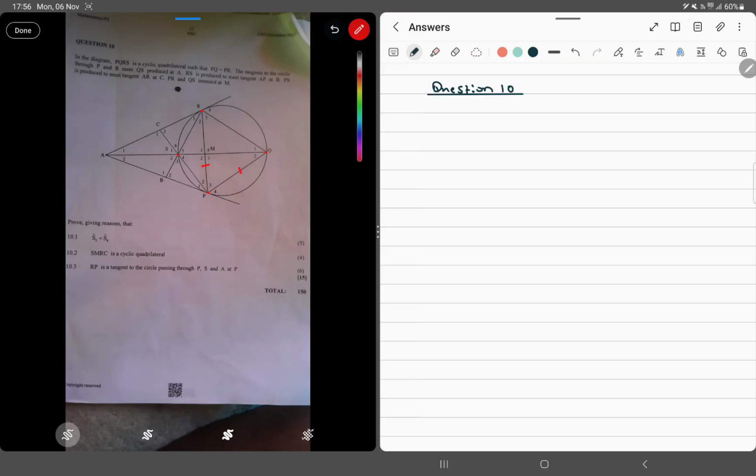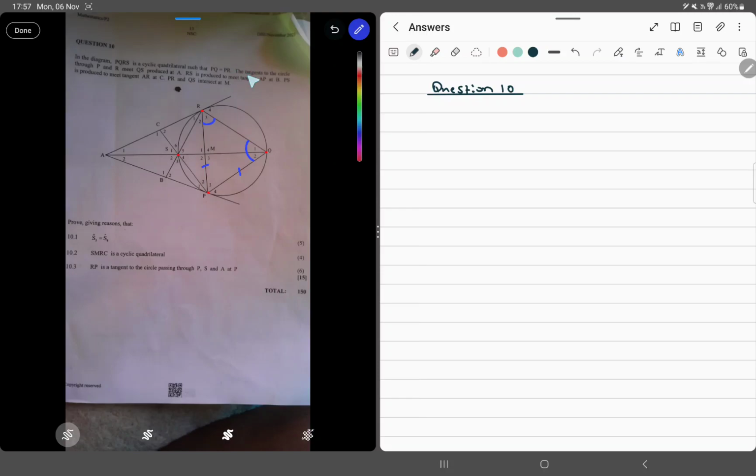So PQ and PR are equal. If those two are equal, that angle should be equal to this angle. Those are angles opposite equal sides in triangle PRQ.